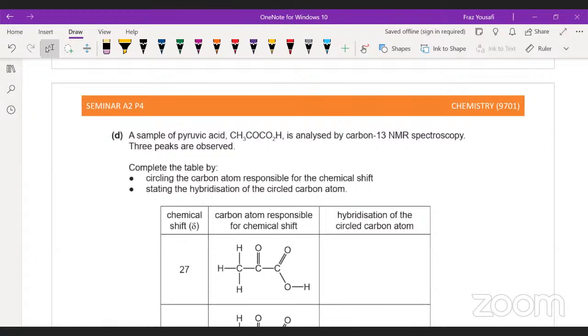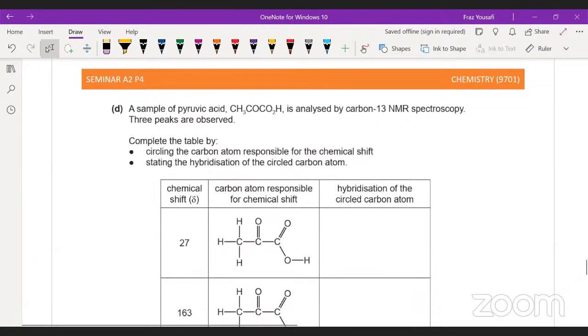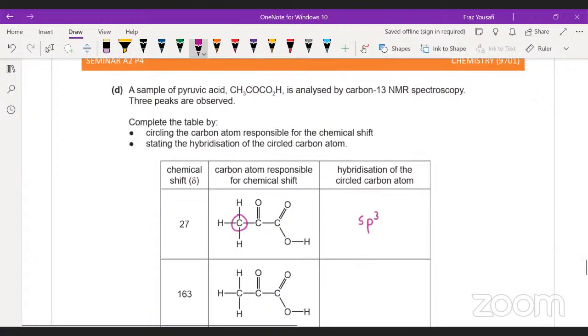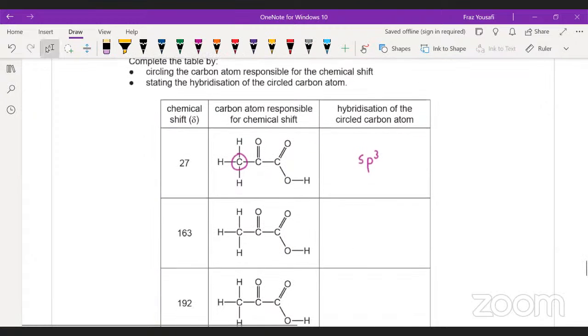Three peaks are observed. Complete the table by circling the carbon atom responsible for each of your chemical shifts. So if we talk about the first one, you should be circling this carbon because it's simply an alkyl group with a hybridization of sp3 that's causing the shielding that you see there.